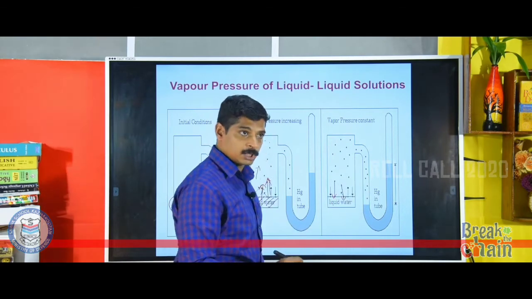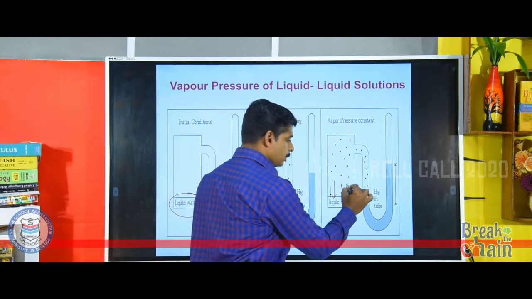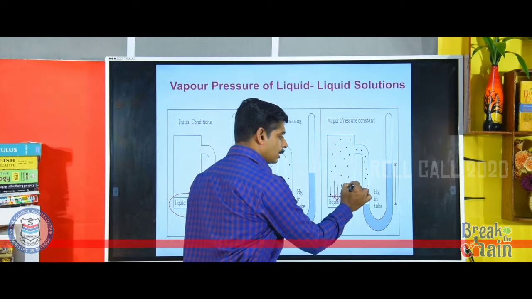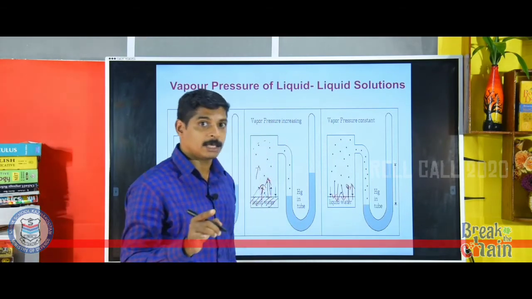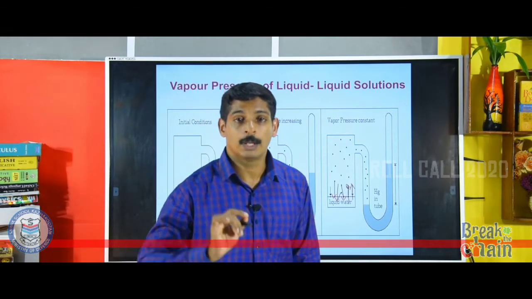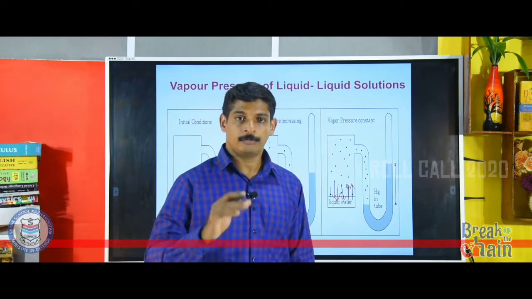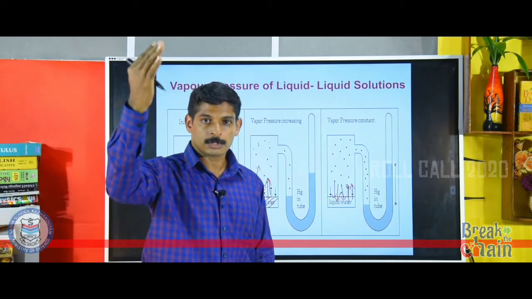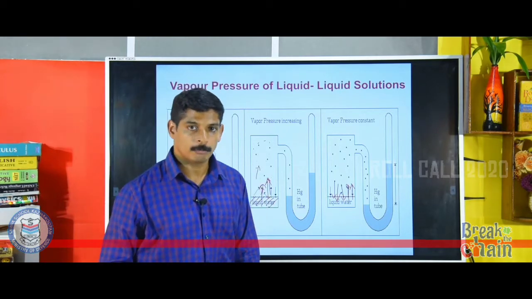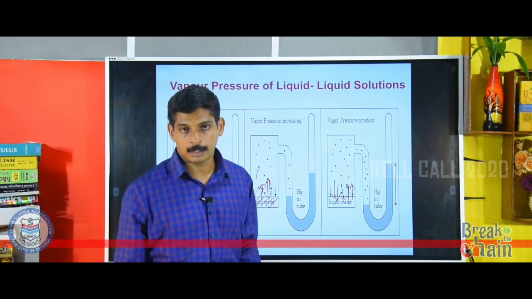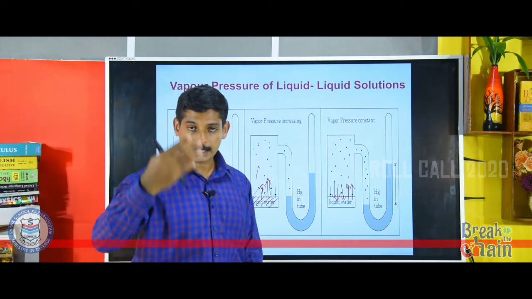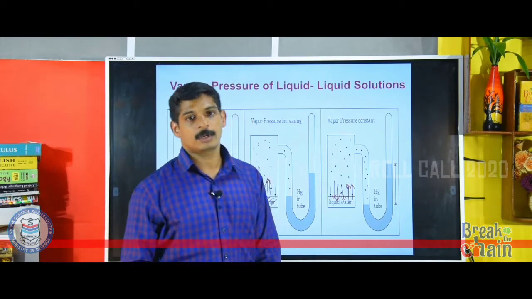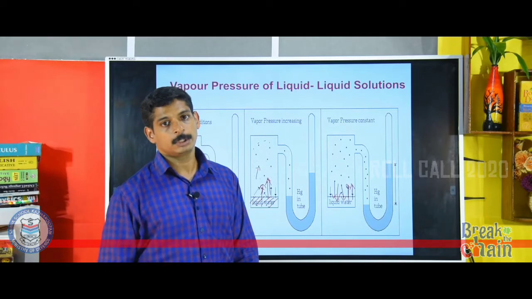So at this stage both evaporation as well as condensation are taking place simultaneously at an equal rate. That means if 2 molecules go into vapor, another 2 molecules from the vapor slowly condense and come down into the liquid. If 100 molecules go into vapor, at the same time 100 molecules of the vapor come down into the liquid.